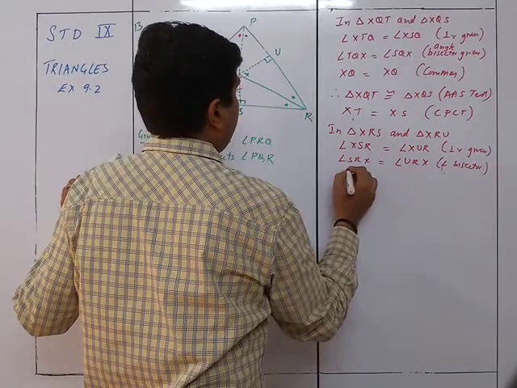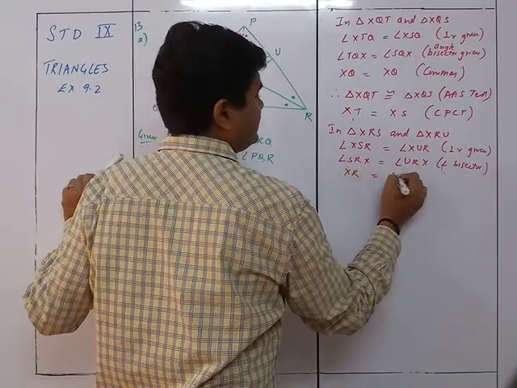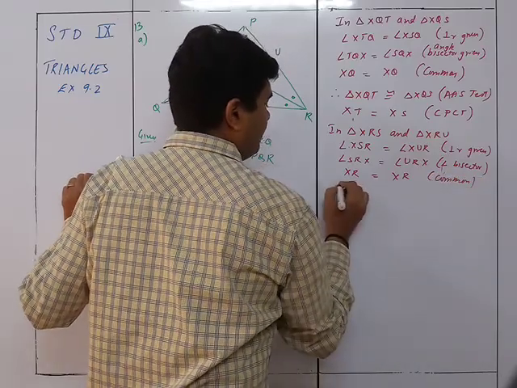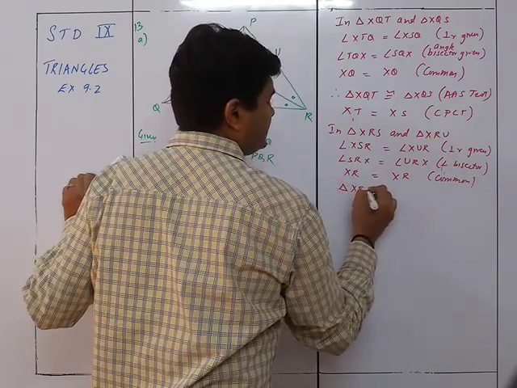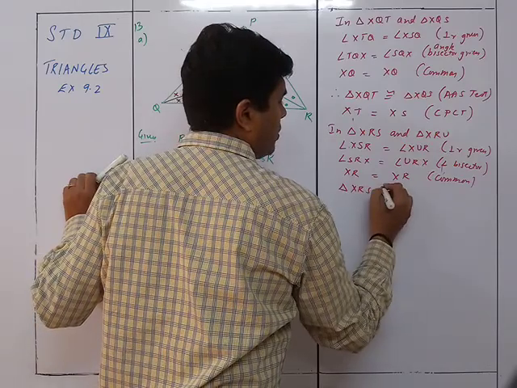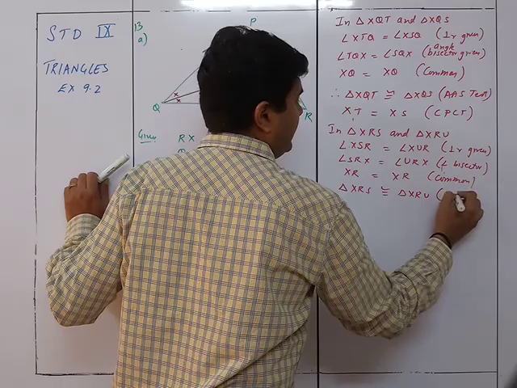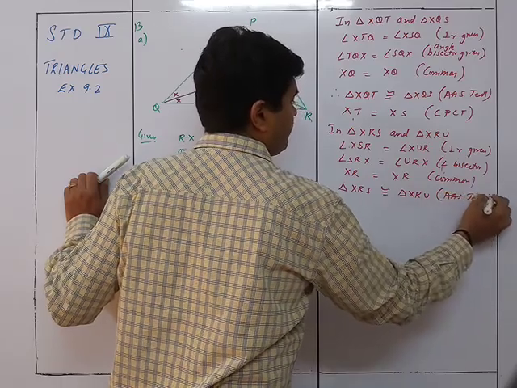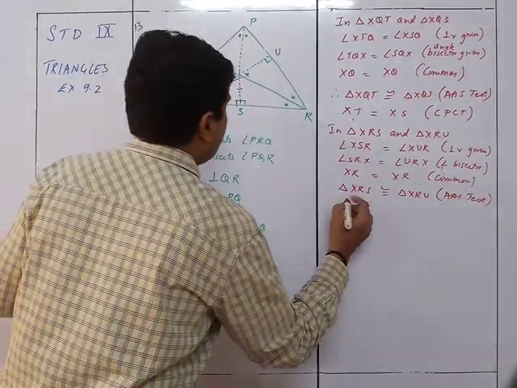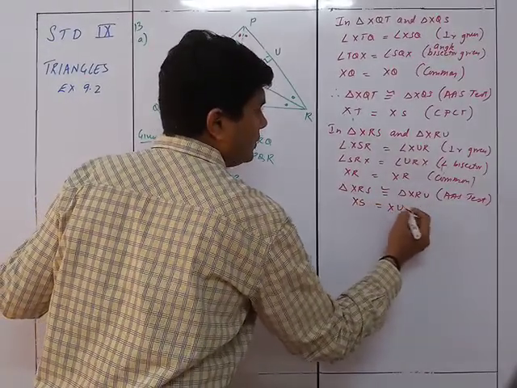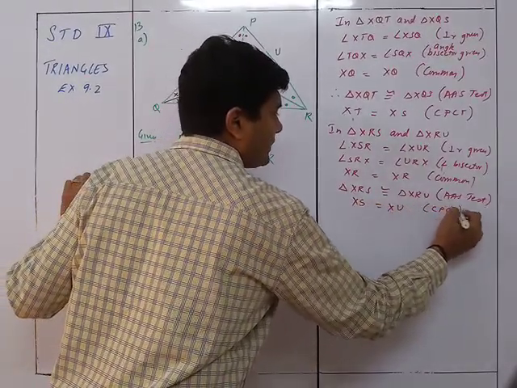And XR is equal to XR, common. Therefore, triangle XRS is congruent to triangle XRU by AAS test. Therefore, XS is equal to XU by CPCT.